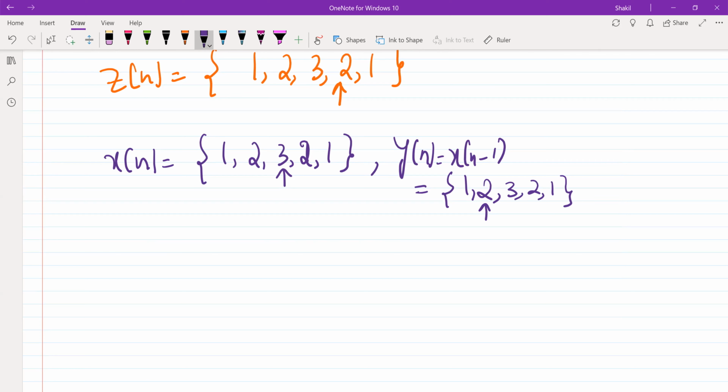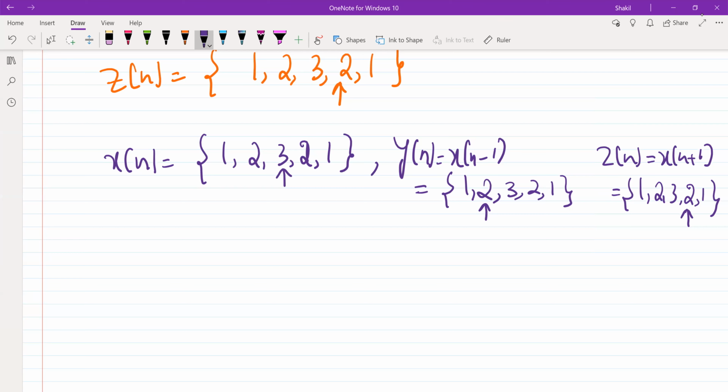And z of n, which is defined as x of n plus 1, has the sequence 1, 2, 3, 2, 1, but the origin is this point.